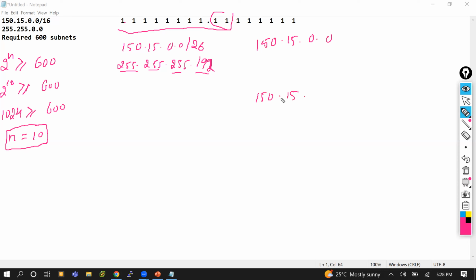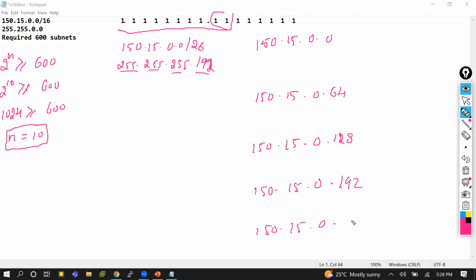Next, 150.15.0.128. What is the next network? 150.15.0.192. Next, 150.15.0.224.